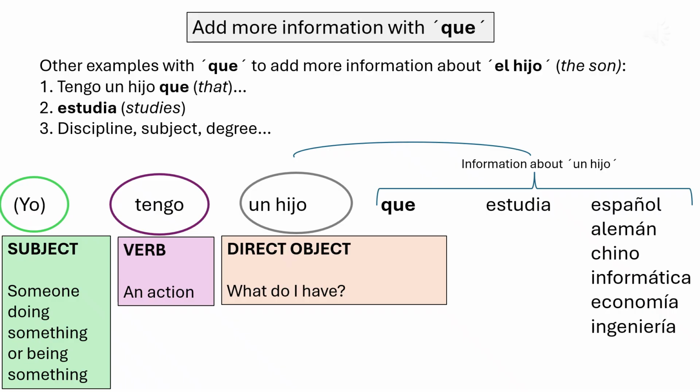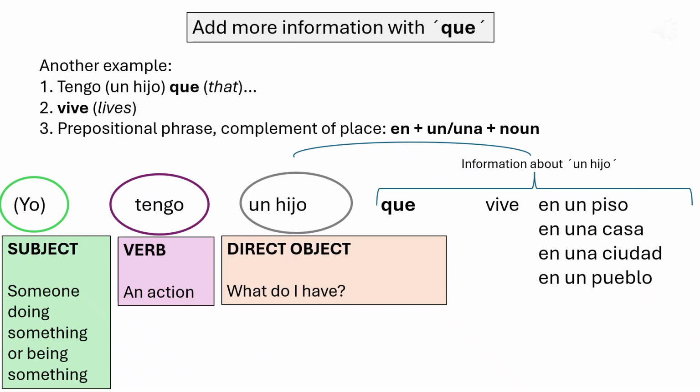You can talk about someone else and then add something about them, which can be a whole sentence, and it can be using all those verbs that you already know. One more example. Yo tengo un hijo que vive en un piso.